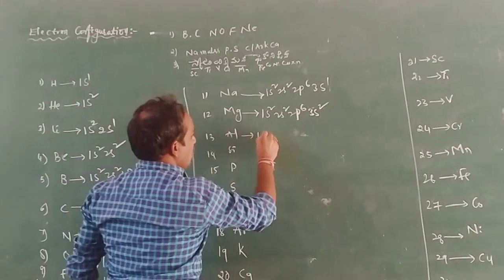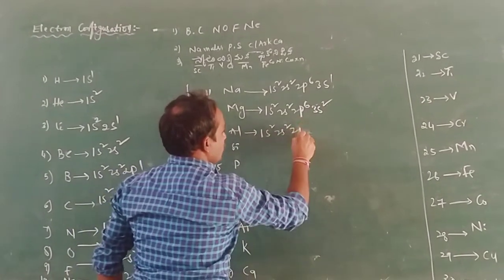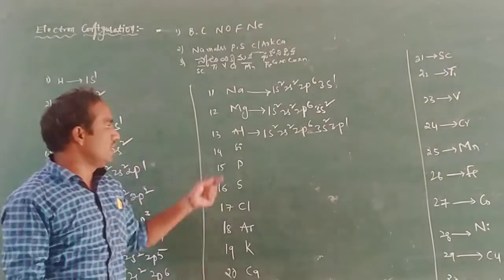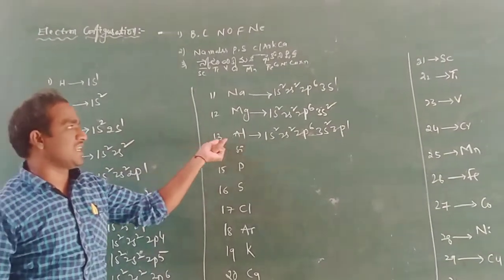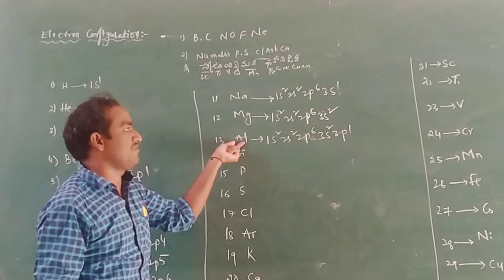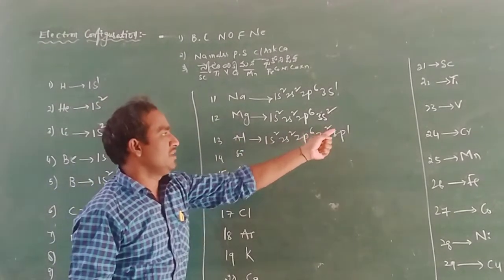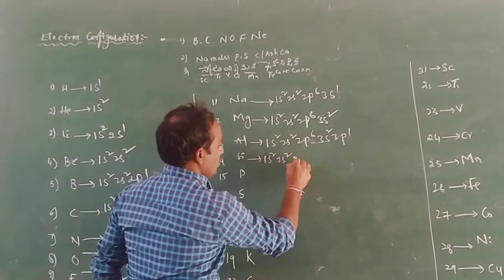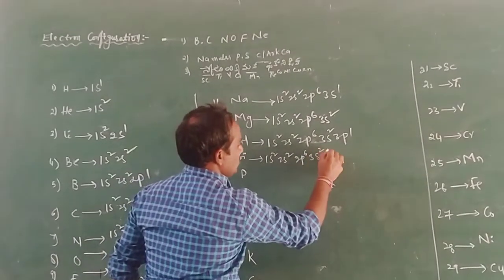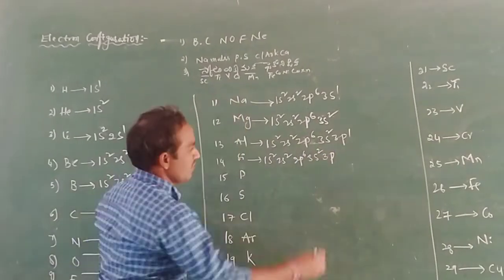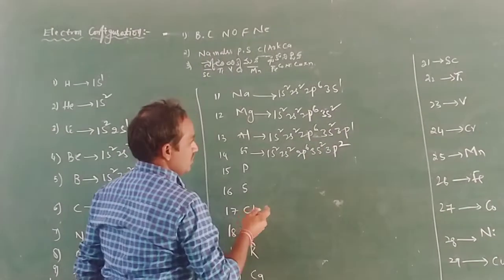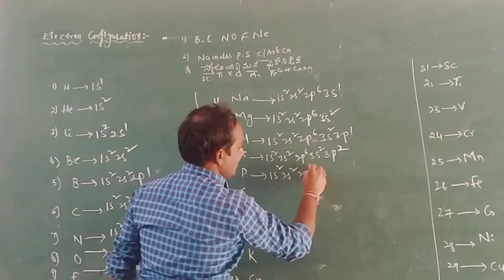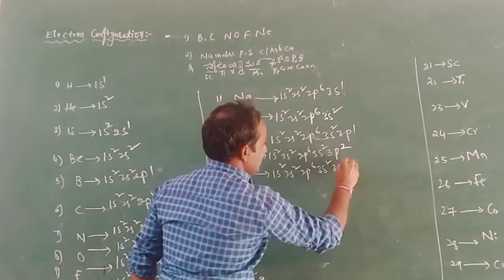Then 1s2, 2s2, 2p6, 3s2, 3p1, which is the 13-electron configuration of aluminium. Next 3p2, then 3p3.